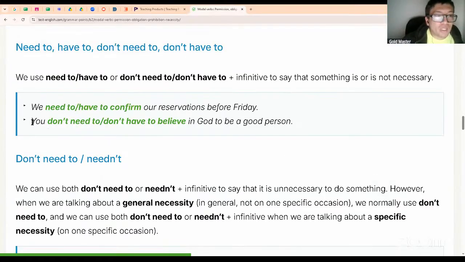But remember, you would say the same thing in both of the terms. If you say you don't need to or you don't have to believe in God to be a good person, all right? Guys, that's the main point, that you have to use an auxiliary verb to talk in a negative form. That's the whole point of every lesson in here.